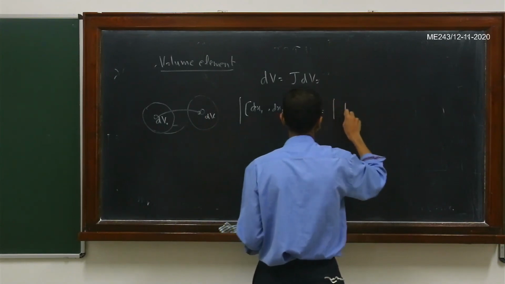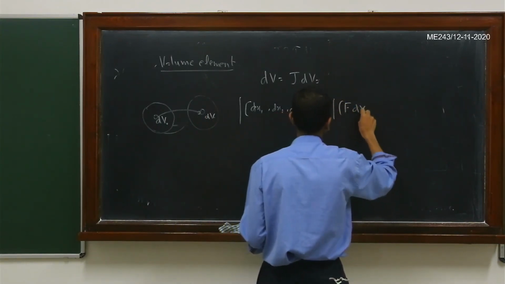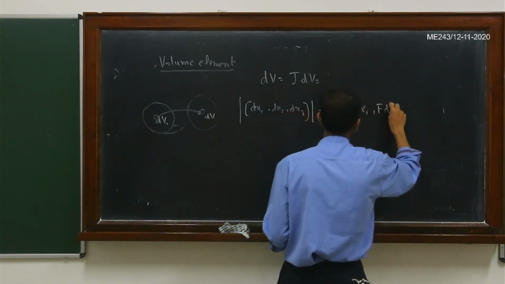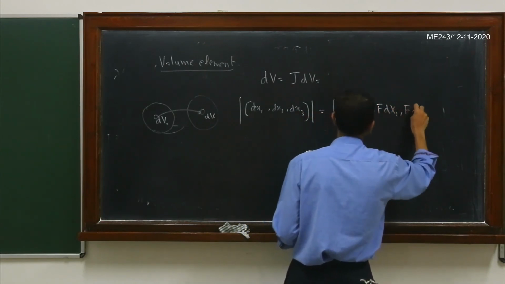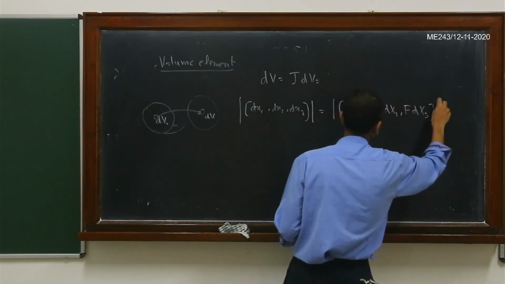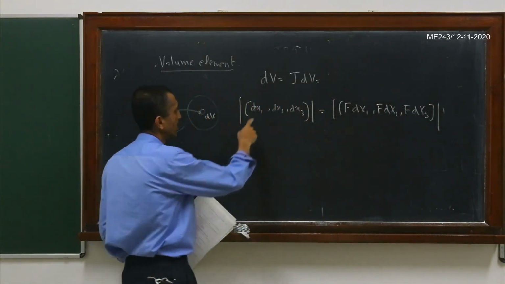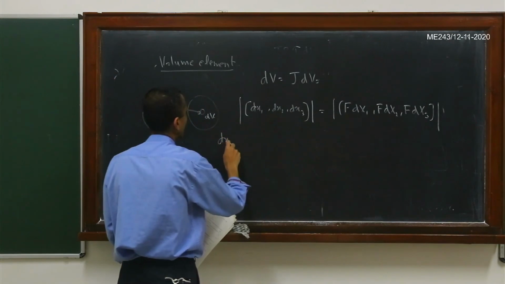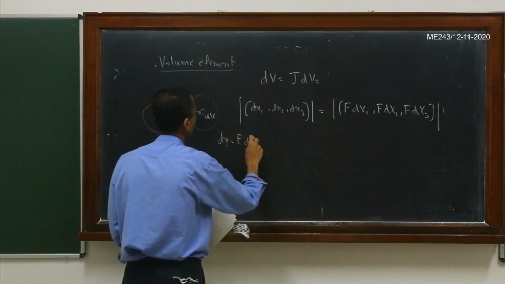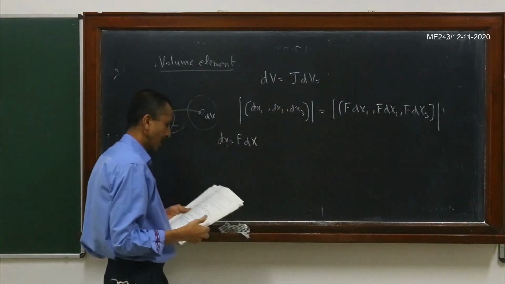So this is F dX1, F dX2, F dX3, the scalar triple product. Again, you will get the relation using the fact that dx is equal to F dX. So I am just using that relation here.